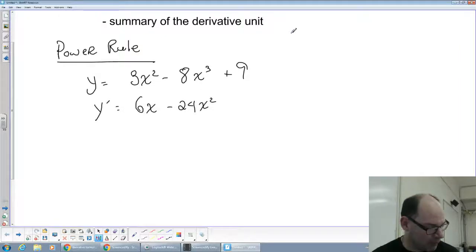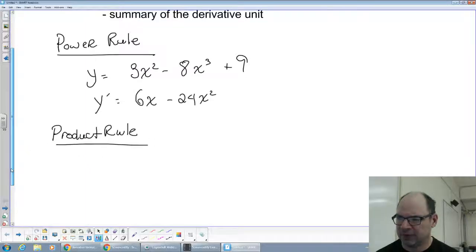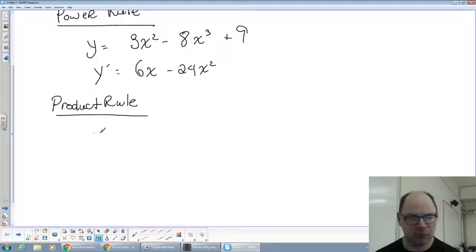Okay, and then what came along after that is we had a little bit of product rule. When we did the product rule, we're looking at two functions multiplying together.